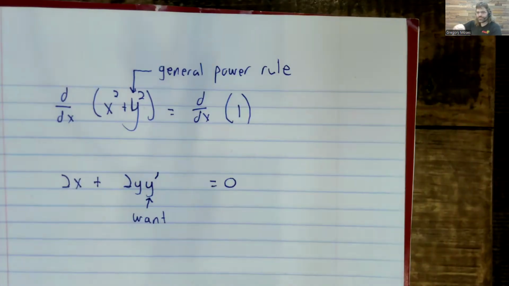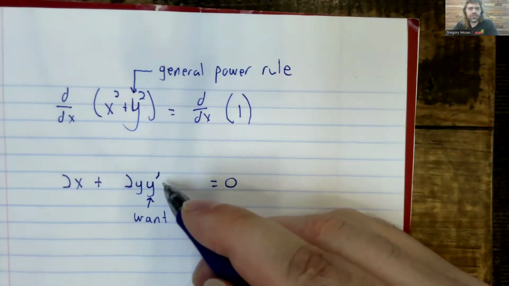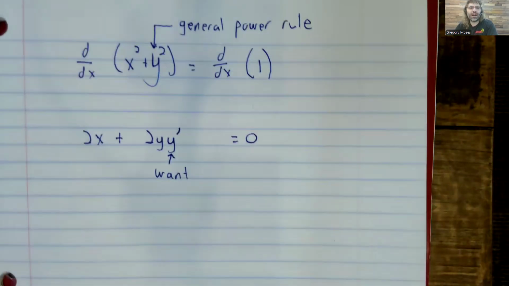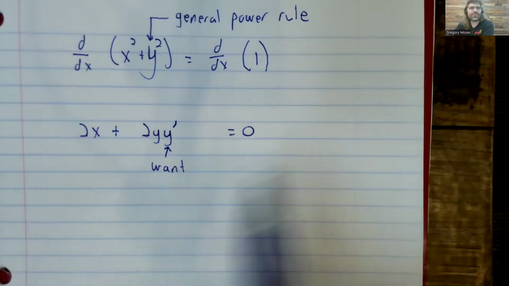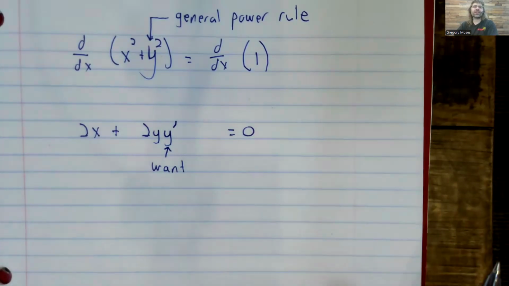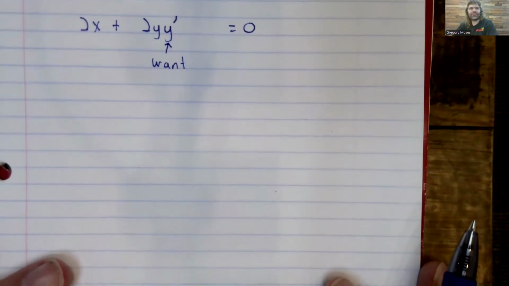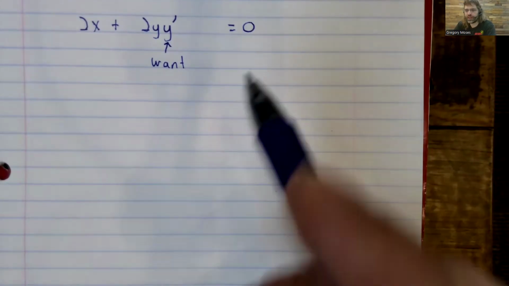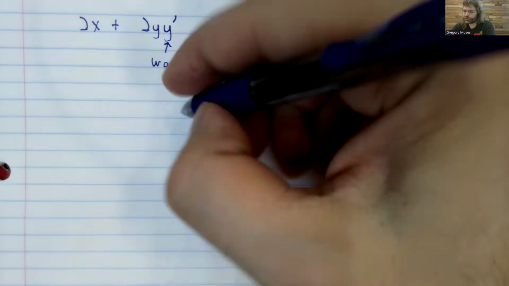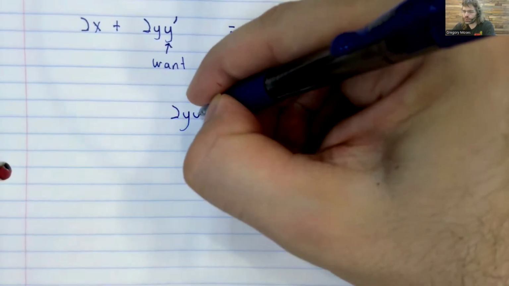Anyway, we want to solve for y prime. Because there are plenty of examples in the textbook and Creative Commons videos on Canvas where solving for y prime is sort of algebraically tricky, I decided to make life easy on myself and select an example where solving for the thing we want is relatively straightforward.